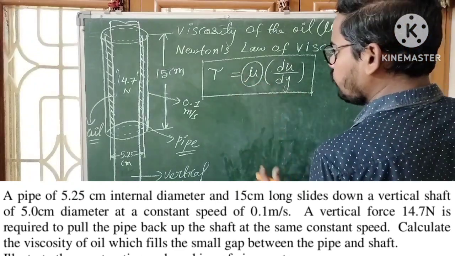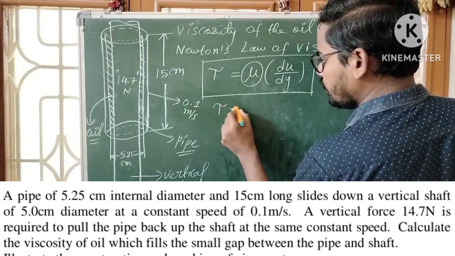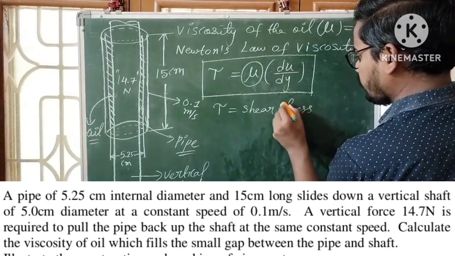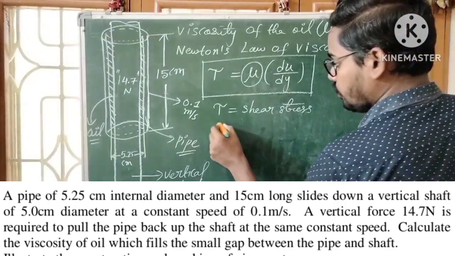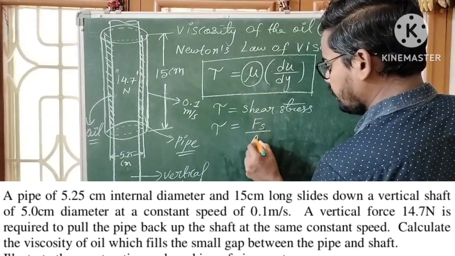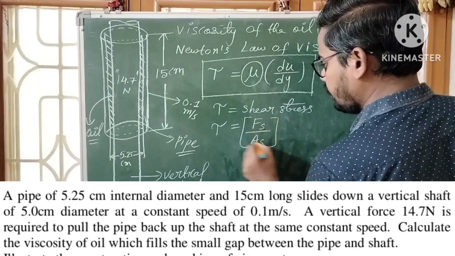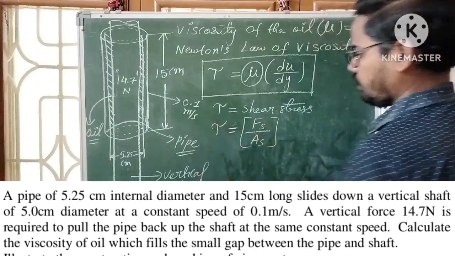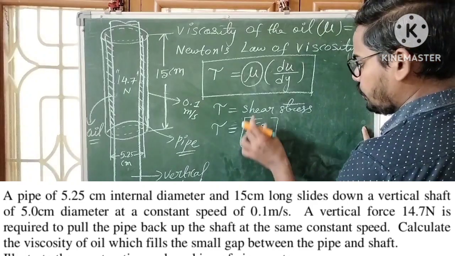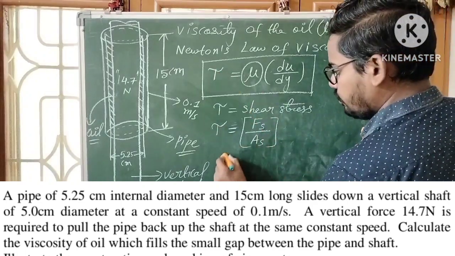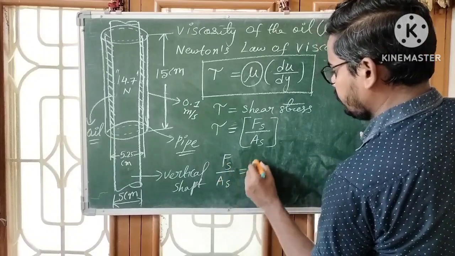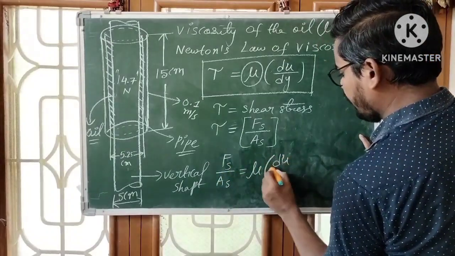Here we need the mu value. Here tau means shear stress. So shear stress is equal to shear force by shear area, area under shear. So Fs by As. Now tau is equal to Fs by As is equal to mu into du by dy.